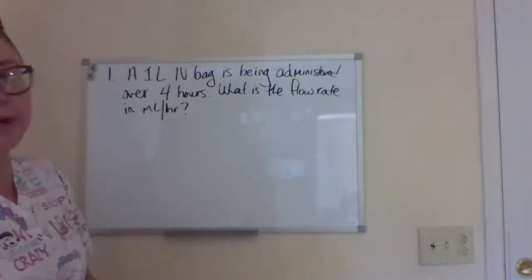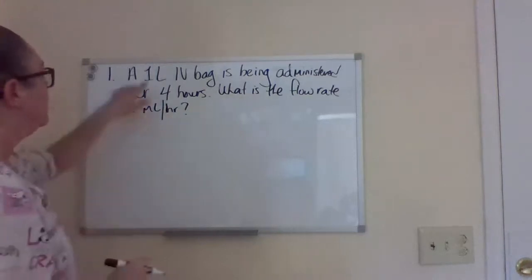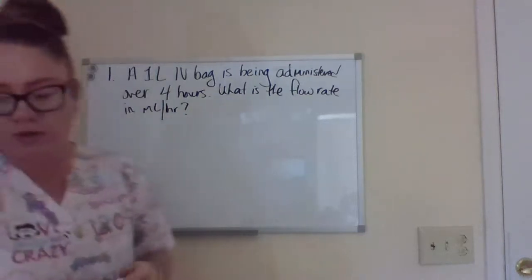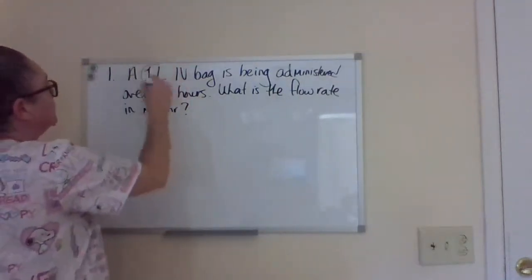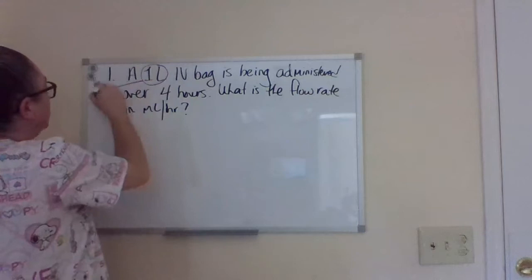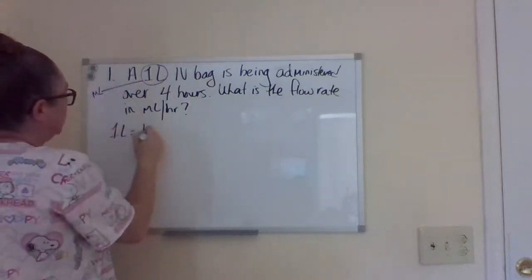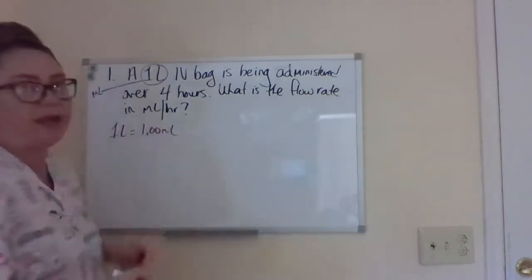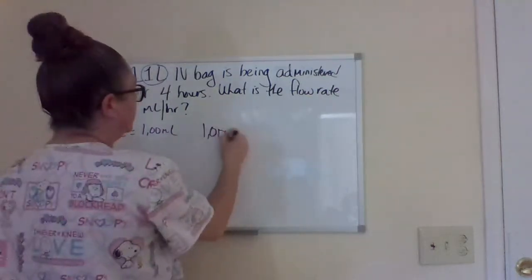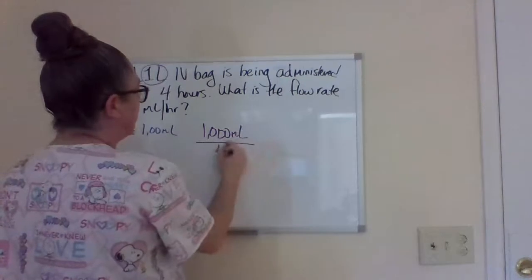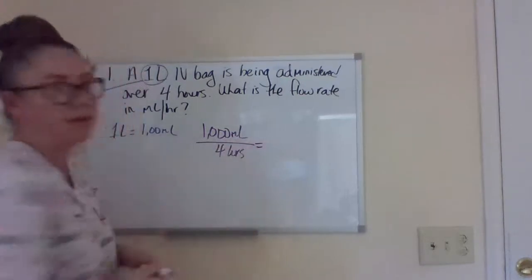What is the flow rate in milliliters per hour? Again, we have to make sure that our bag is converted to milliliters. That's the first thing we're going to do here. So 1 liter equals 1,000 mLs. Then we're going to plug it into our formula: 1,000 mLs divided by 4 hours.